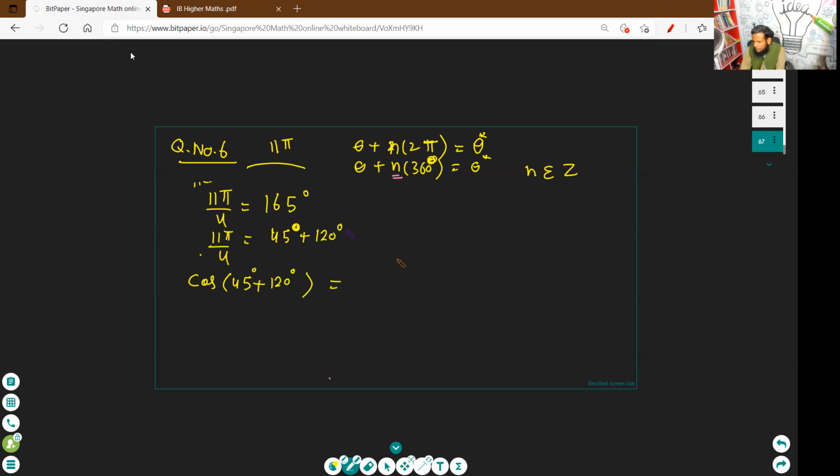Clear? You should change it in degree. So we know the formula for cos alpha plus beta. We did this yesterday.